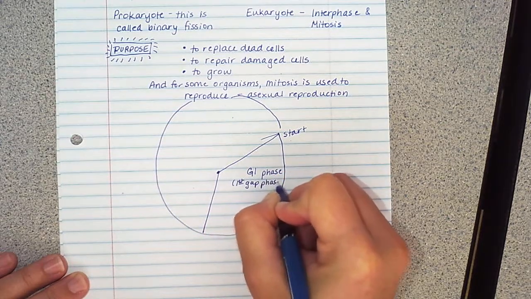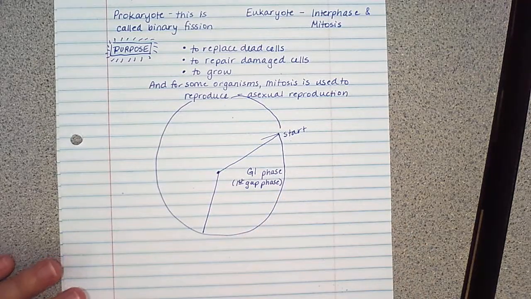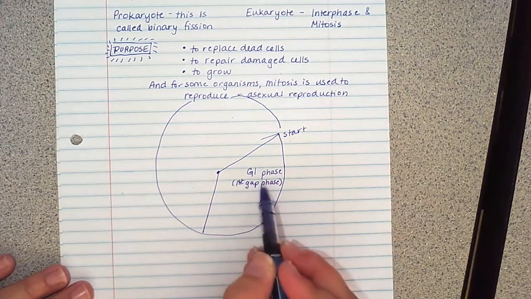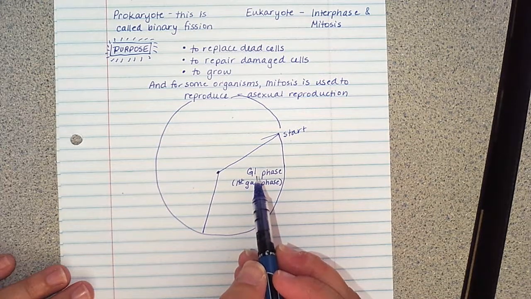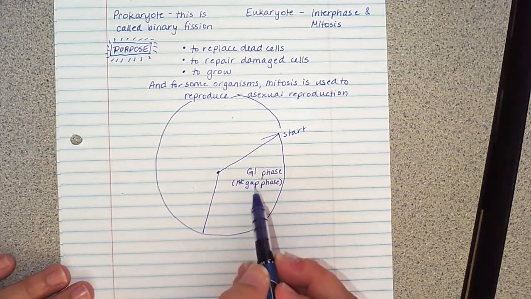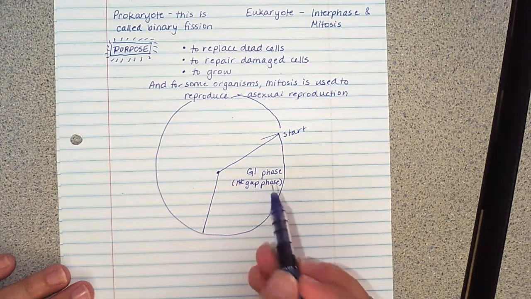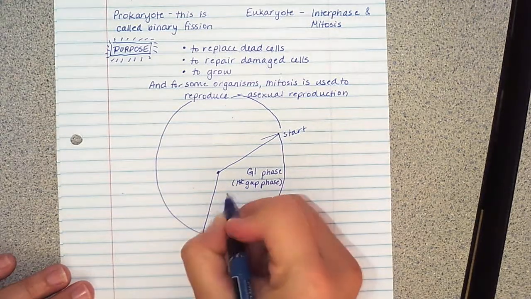The story goes that before we had really good microscopes, when scientists were observing the cell cycle, they didn't think anything was happening during this time period because they really couldn't see into the nucleus and the chromosomes. And so as a result, they called it a gap phase, thinking that there was a gap in the cell cycle. We now know that there's some decent things happening.